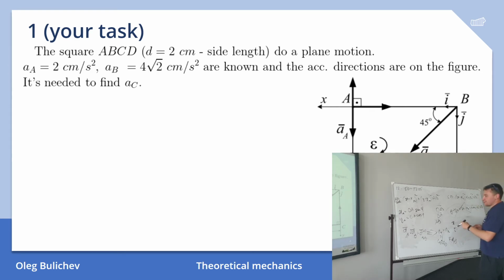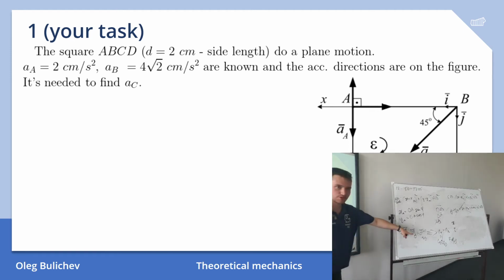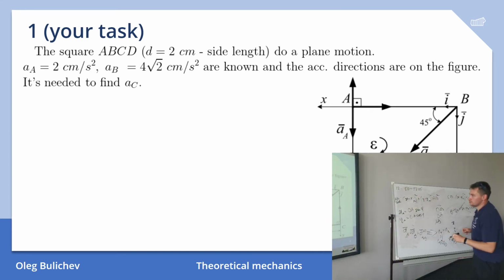No. Okay. So for the x-axis, the polar will be that. It's normal because we find it with respect to B, and it will be a tangent. So for x, we have AB cosine 45 plus, we don't have tangential, it will be equal to 0.